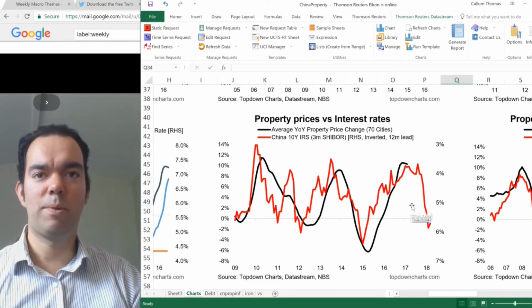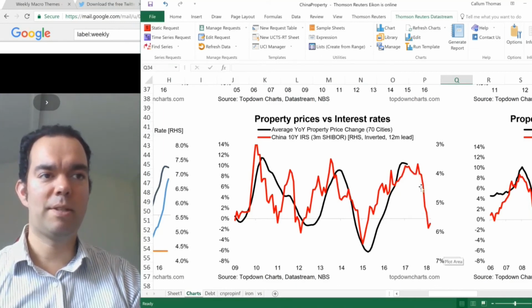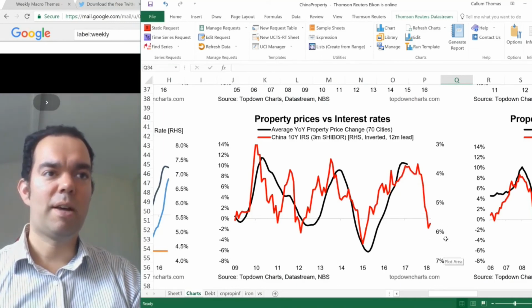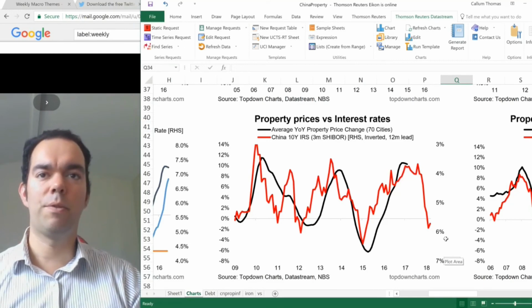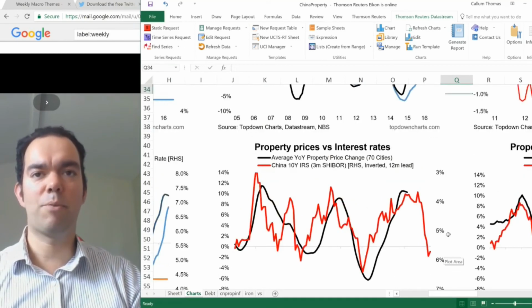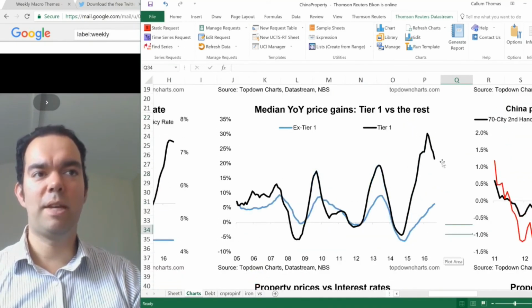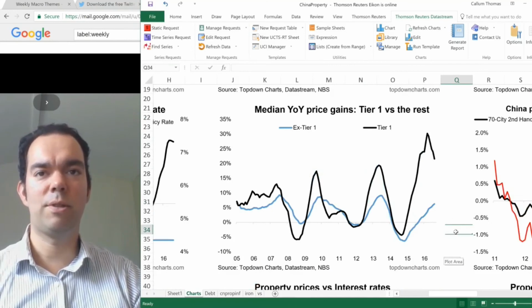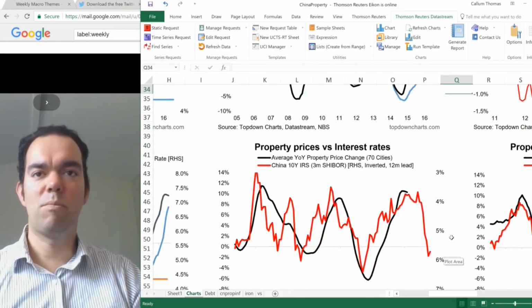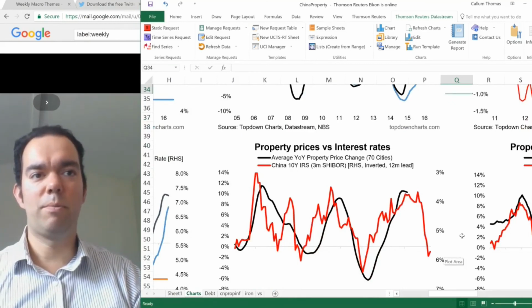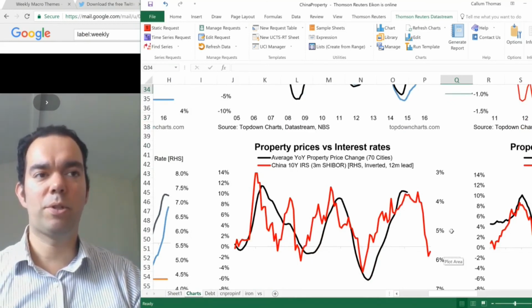Property prices can probably still go further in the very short term, but as this starts to play through, you start to see downward pressure on property prices in China, and we've already started to see a little bit of that with property restrictions coming in in the top tier cities, so you can see that it's already started to have an impact, and that's going to cause probably a little bit of slowing pressure in China, and certainly on commodities.